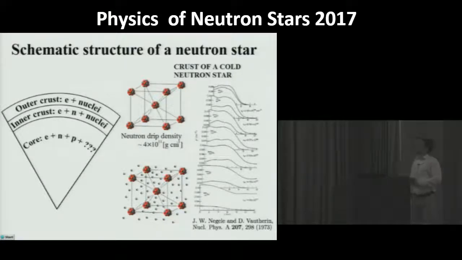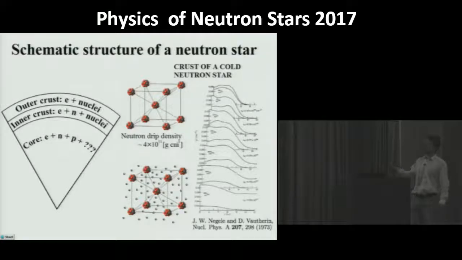This first slide is about the schematic structure of a neutron star, just to remind you of the common picture. This picture shows a slice of the inner structure. Generally, it is accepted that there is a solid crust. Under ordinary conditions, when the star is sufficiently cold, it crystallizes, and there are two parts of the crust.